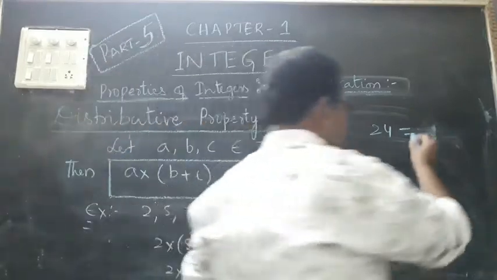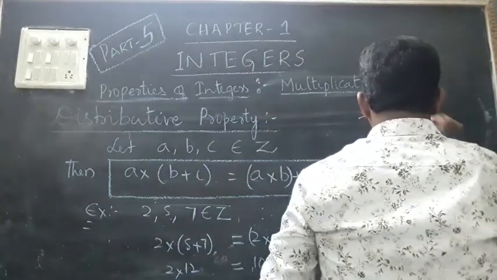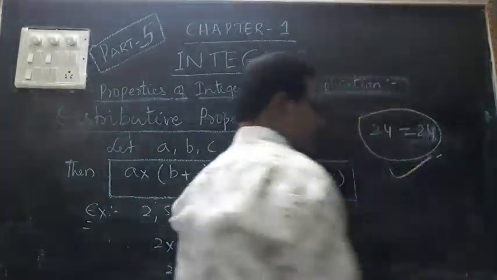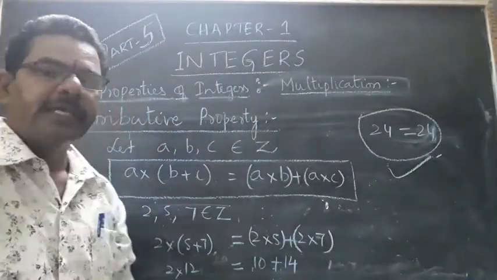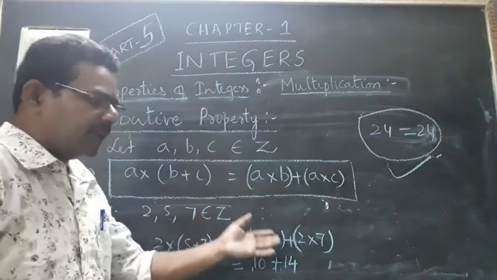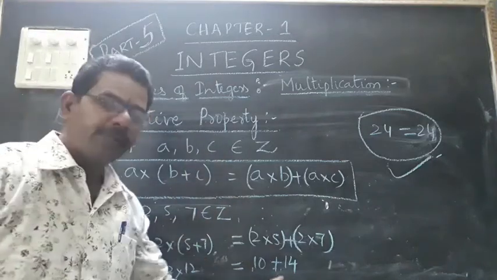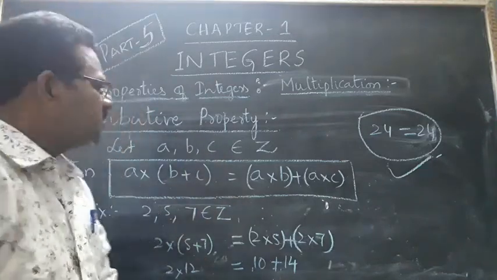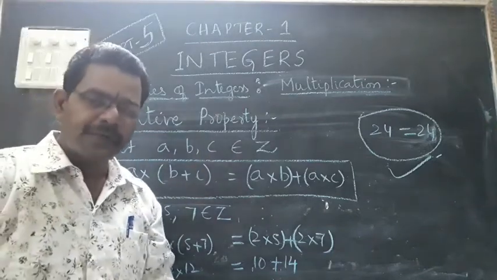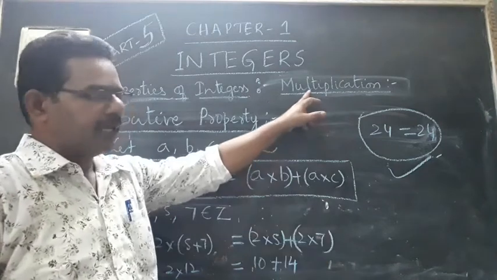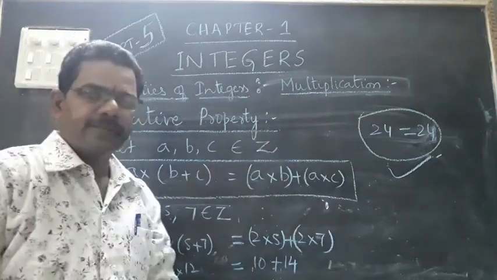And 2 into 5 is 10, 2 sevens are 14, and 10 plus 14 is also equal to 24. So both sides we got the same thing. Not only for these numbers, if you take any three integers, you can get the same. Left hand side should be equal to right hand side. So we can say the distributive property is followed in the set of integers, in multiplication over addition.